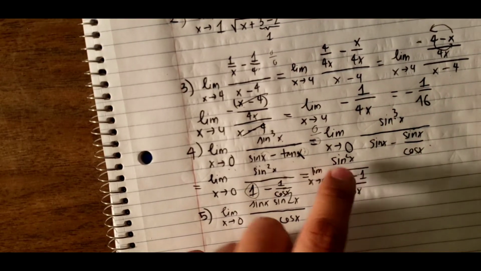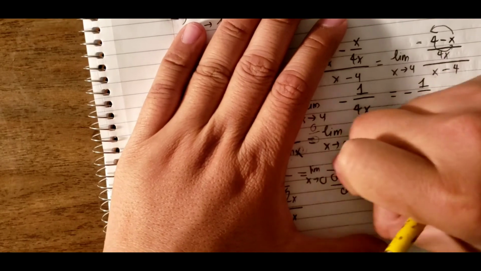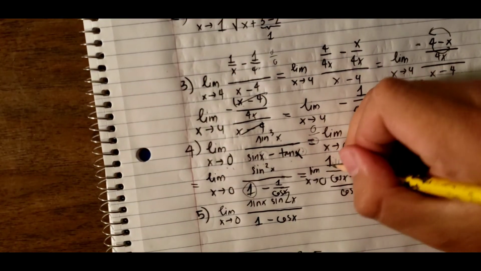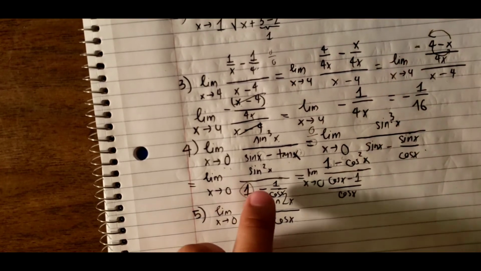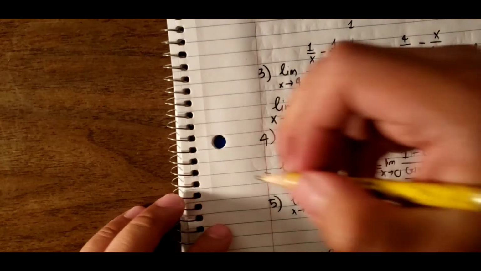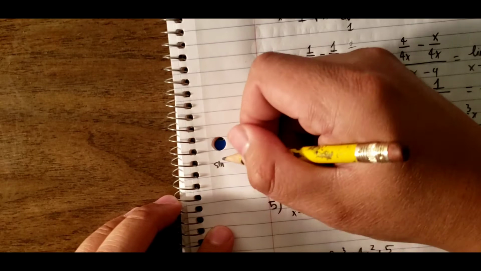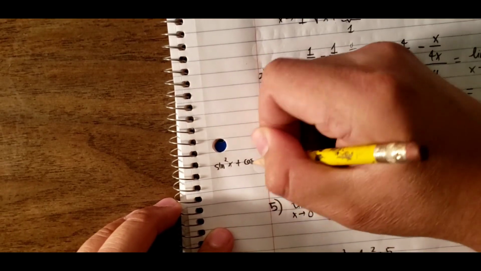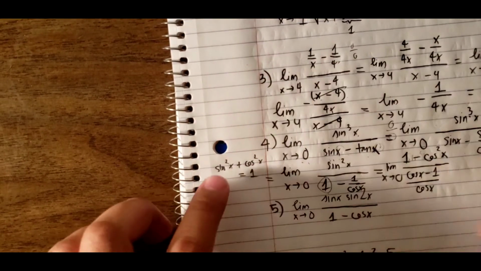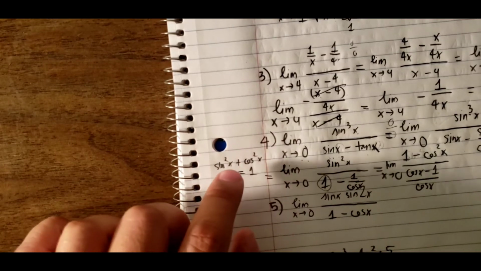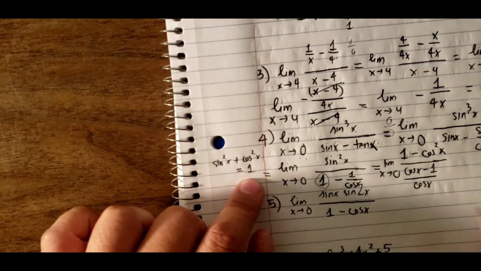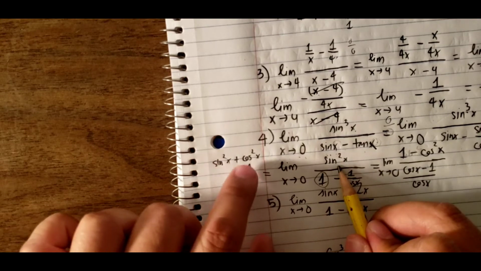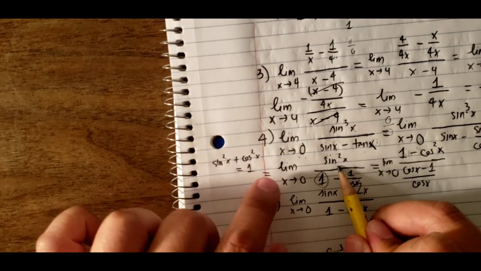About the sine s, you will transform to 1 minus cosine s power 2, because we have this formula: sine s power 2 plus cosine s power 2 equal to 1. If we want to find the sine s, we move the cosine s power 2 to the right.